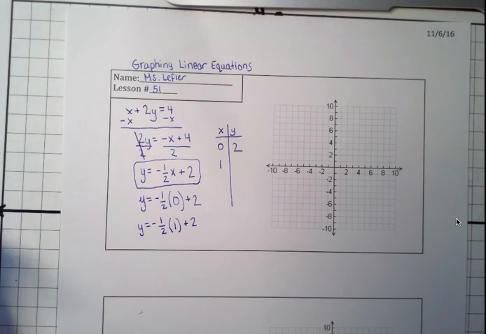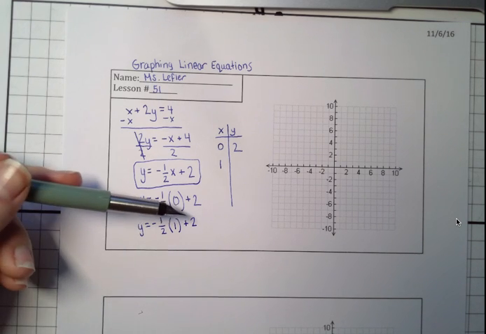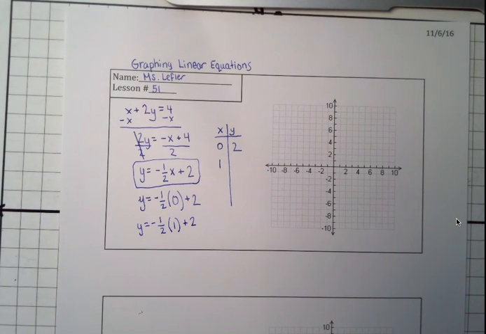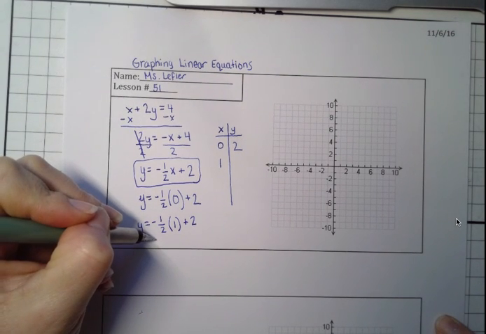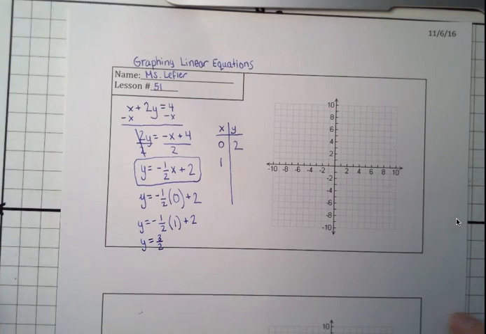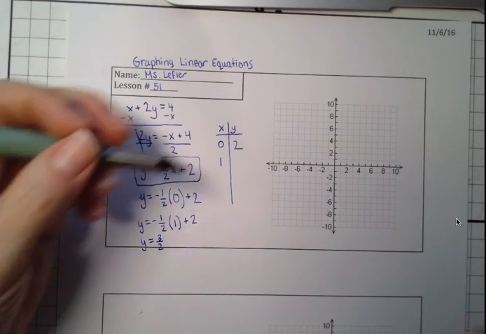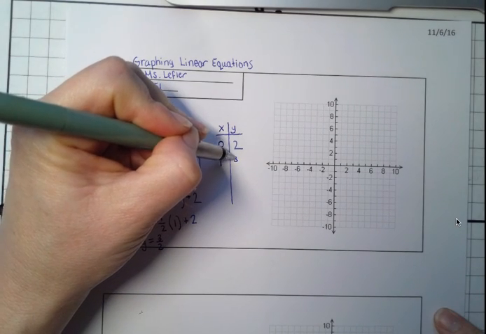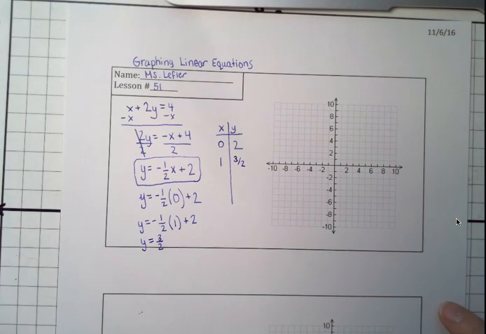So negative 1/2 times 1 is just negative 1/2 plus 2. That would be 1 and 1/2, right? Or 3 over 2.